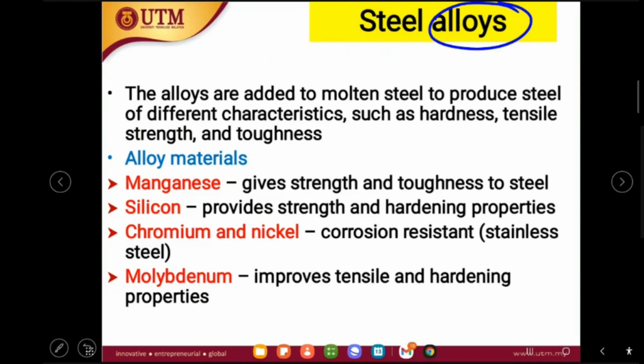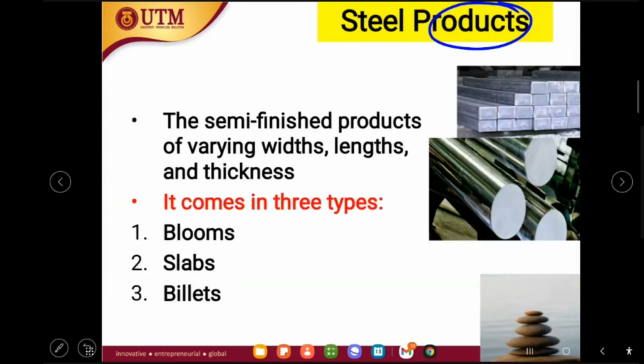We add these alloy materials to the molten steel to alter the properties of the steel to our desired properties.